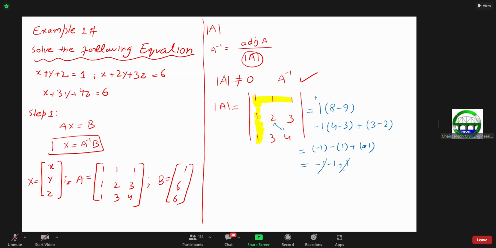It should just cancel here, minus 1. So our determinant of A is minus 1, which is not equal to 0. So A inverse is possible.